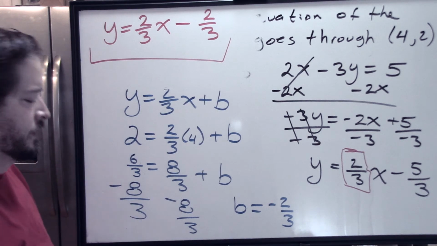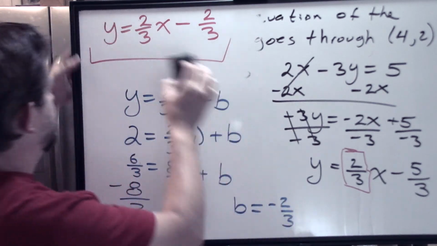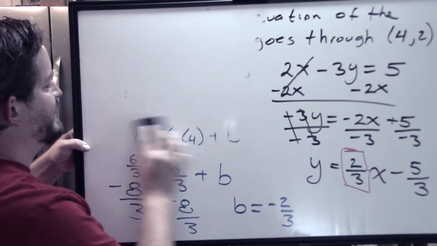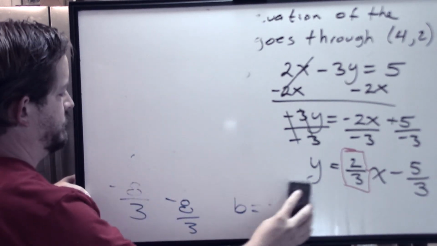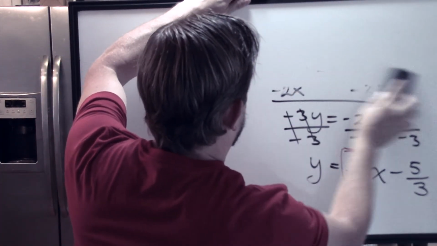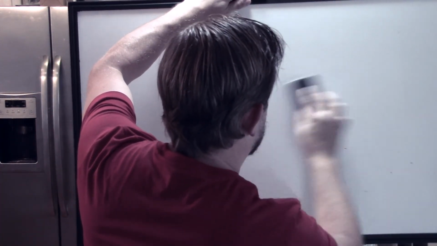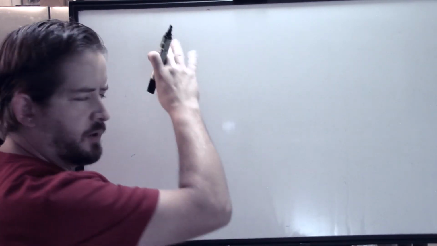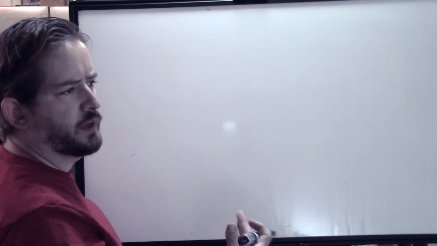Good. All right, and then let's look at one last problem, and that is one that is perpendicular. I'm going to not write the full question. The question is, write the equation of the line that satisfies these two things.